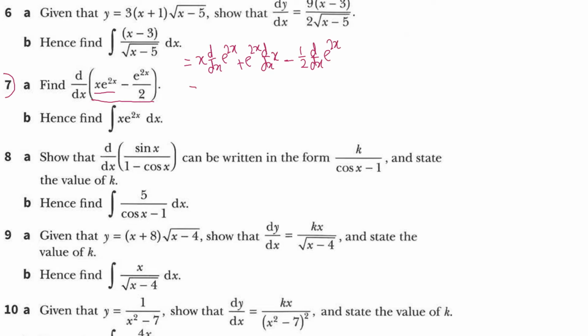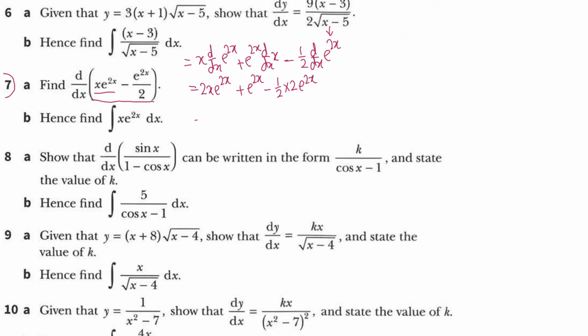So now let me write your result. e to the power 2x, the coefficient of x we need to write in front of it, which is 2x e to the power 2x according to the rule of differentiation, then plus e to the power 2x, because d by dx of x is 1. Then the next part is minus half into 2, because the coefficient of x is 2, then e to the power 2x as well.